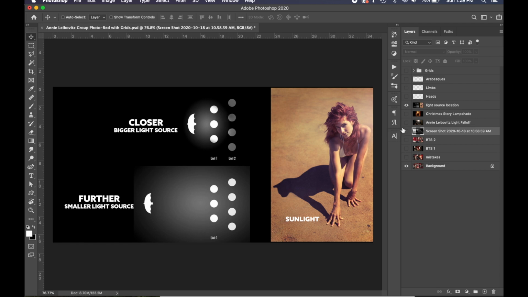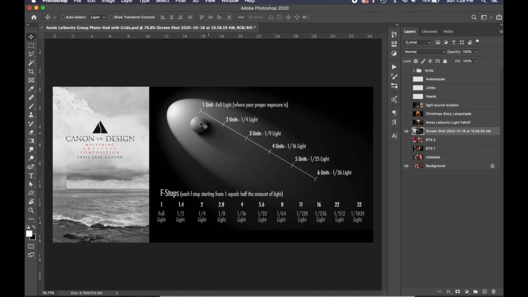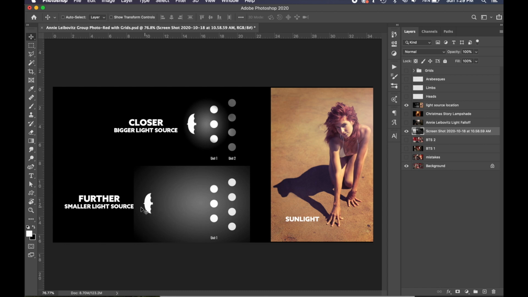And that's what we saw with the inverse square law. So if we're exposing for this person, and if there's people behind them, they're going to be underexposed, okay? So that's why we can move the light source further away, and that increases the distance of that light falloff, okay? Hopefully that gives you a little explanation.